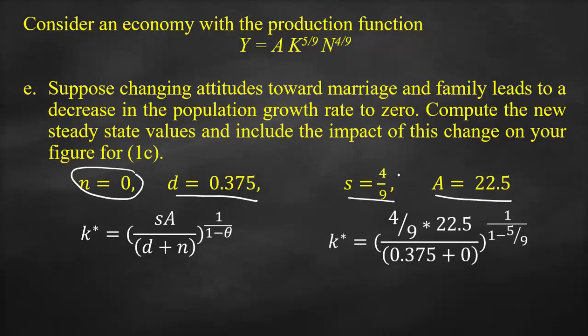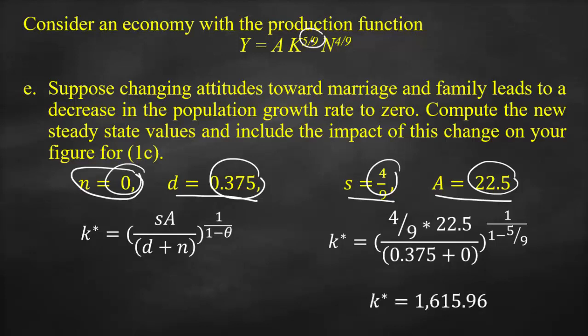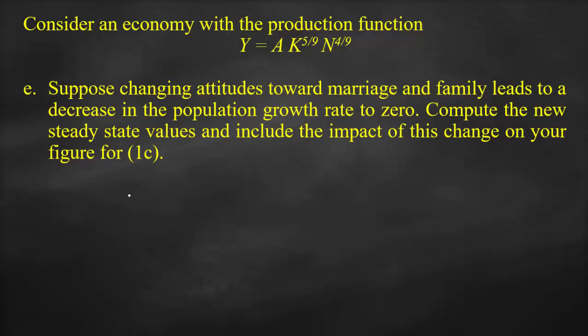What's our saving rate? 4/9 multiplied by technology 22.5, all of this divided by depreciation rate 37.5% plus our population growth, which is 0, all of this to the power 1/1 minus theta. Where is our theta? 5/9. Use your calculator. You will get a capital of 1615.96. So this will be our capital at the steady state when we decreased our population growth to 0.